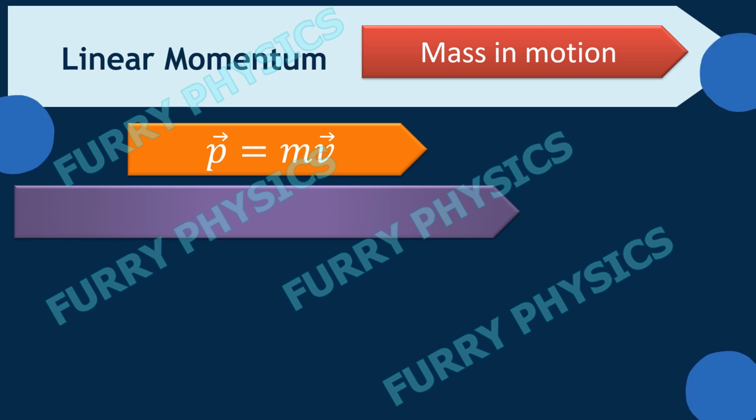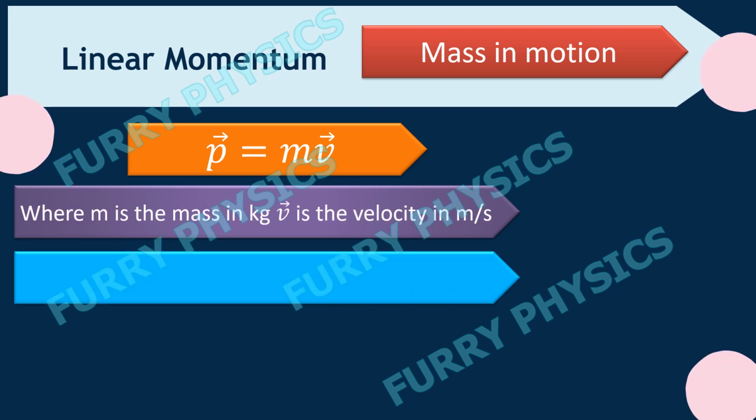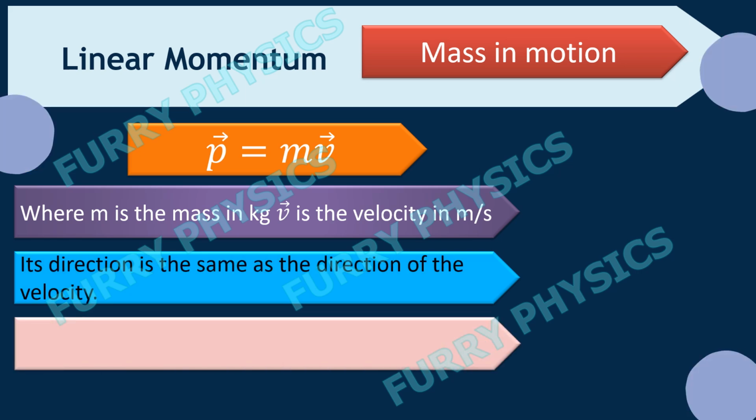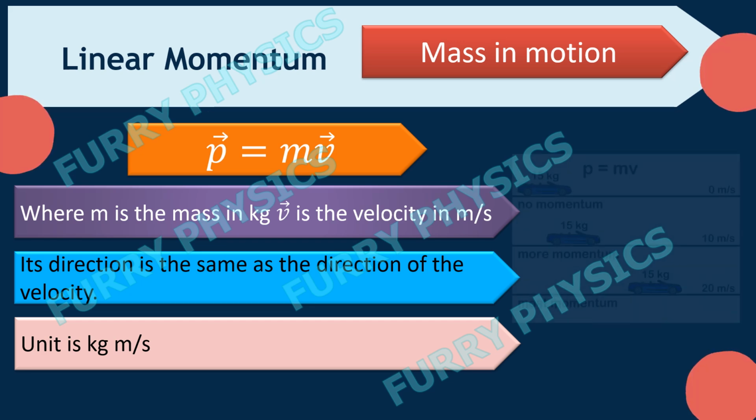Based on this equation, you can see that the direction of the momentum is the same as the direction of the velocity. Here, m is the mass in kilogram and v is the velocity in meter per second. Again, its direction is the same as the direction of the velocity, and the unit of momentum is kilogram meter per second.